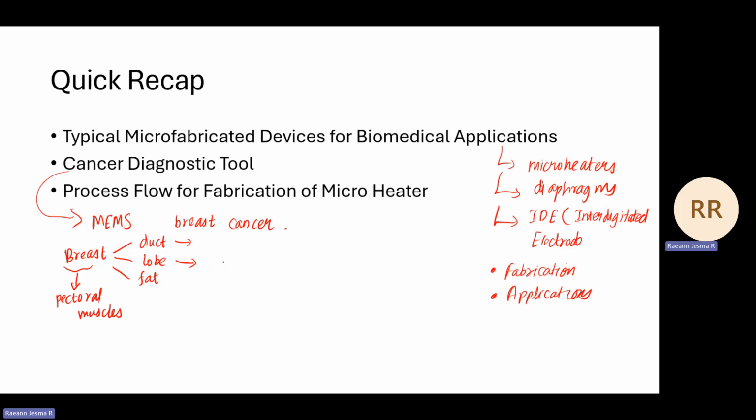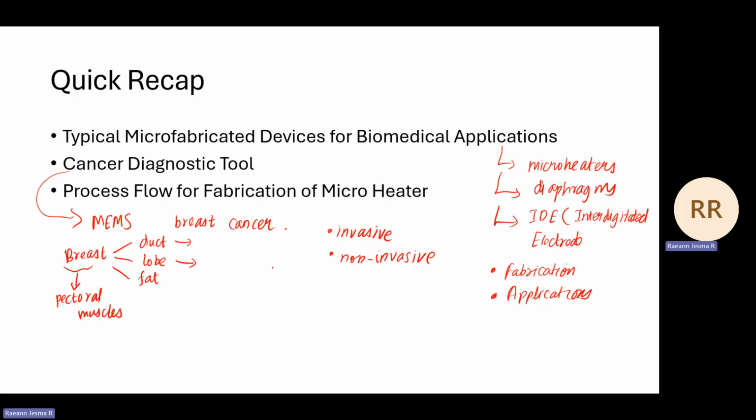If it has some mucus secretion, it is mucinous breast cancer. There was also a discussion regarding two types of cancer cells. One was invasive, where the cancer cell will spread to other parts of the body, and the other was non-invasive, where the cancer will not spread to other parts of the body.